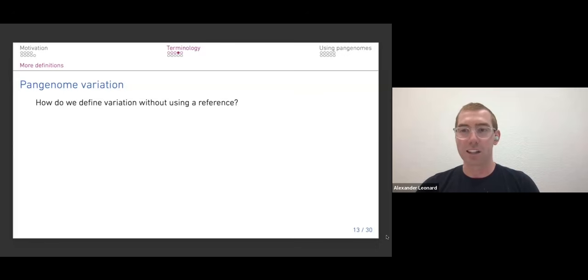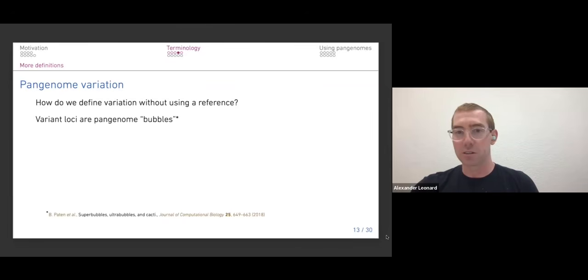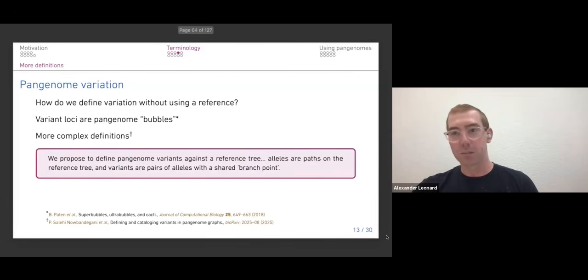Even defining variation in a pangenome gets slightly messy, because we normally talk about variation against a reference. One thing that you commonly talk about in pangenomes is bubbles. These are basically the regions of the pangenome where there are differences, so these are the variant loci in the graphs. There are some recent papers that came out, particularly from Heng Li and some other people, where they use a much more complex definition of a variant, about reference trees and paths and pairs of alleles being shared on these branch points.